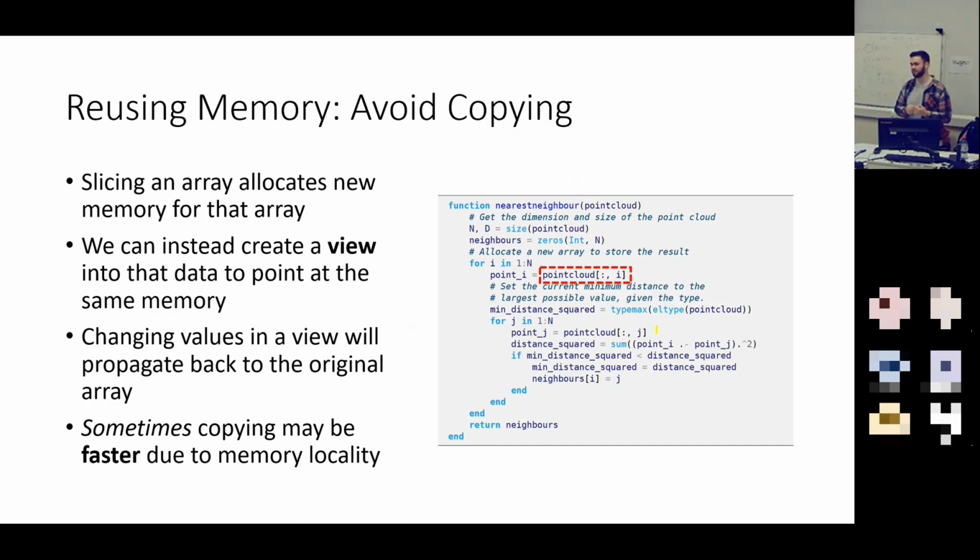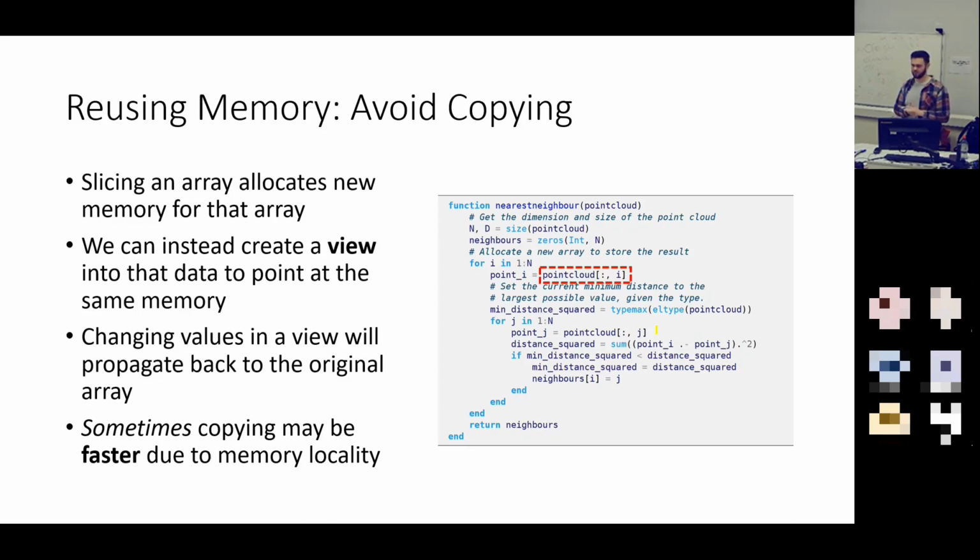And you have to explicitly use what's called a view to instead do what you think it should do, which is just be a little window into where that memory already exists. There are some issues with views, like if you change the values of a variable that's a view into another array, your other array will change those values as well.